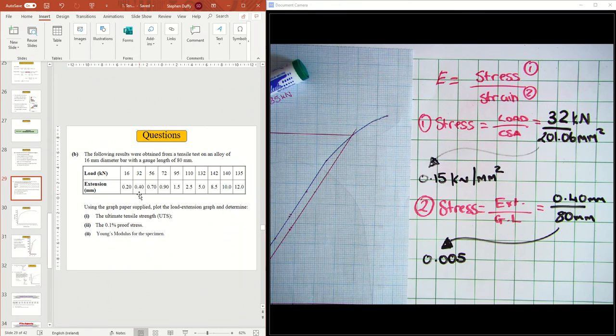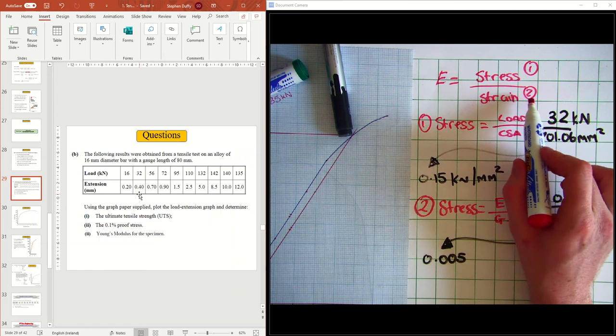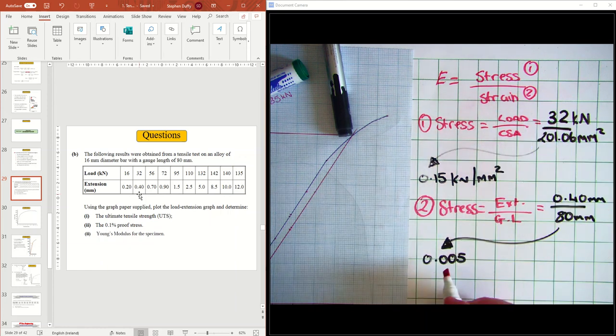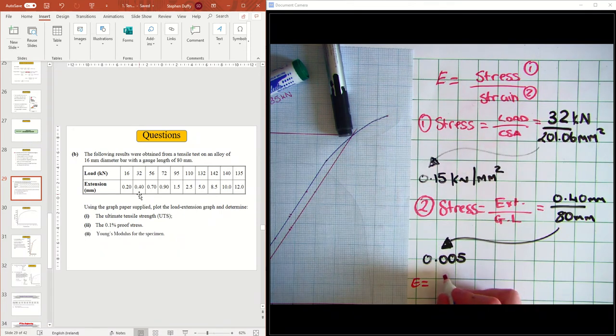Now I need to put the two of these back into my formula. I have part 1 of the formula, which I know is 0.15, and part 2, the strain, which is 0.005. So E, the stress we calculated as 0.15 kilonewtons per millimeter squared, and the strain we said was 0.005.